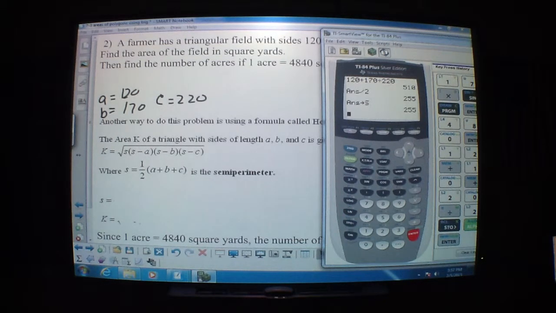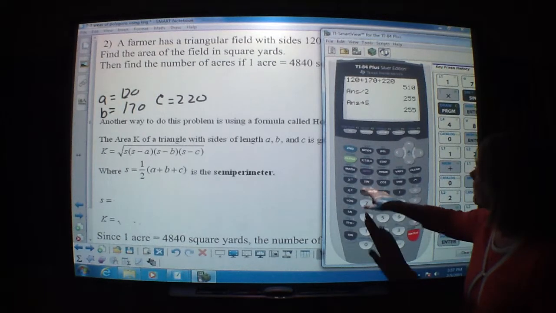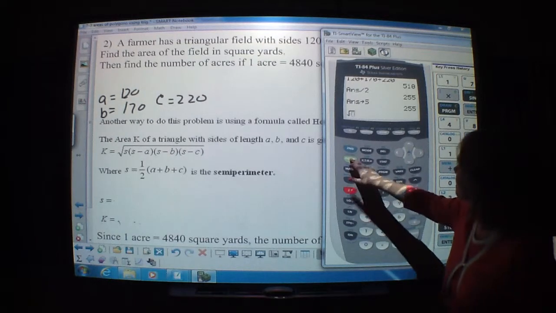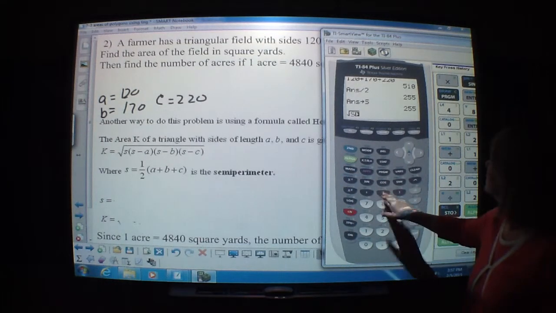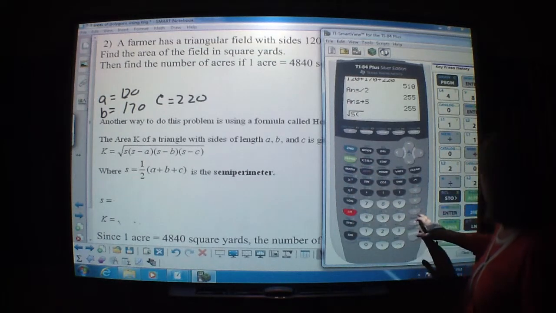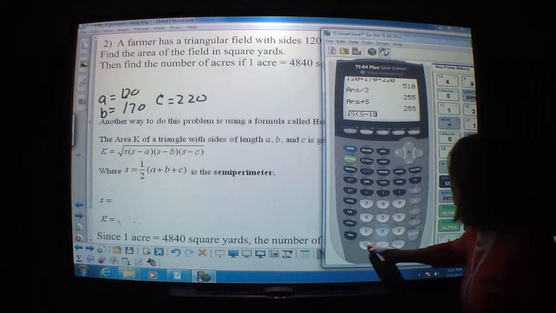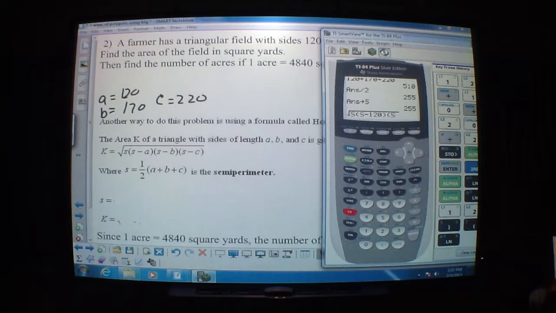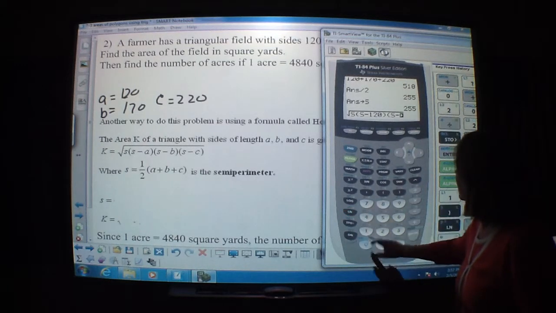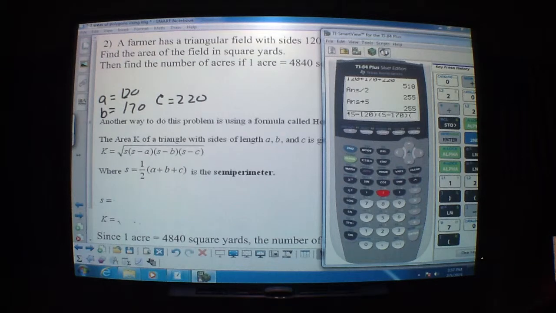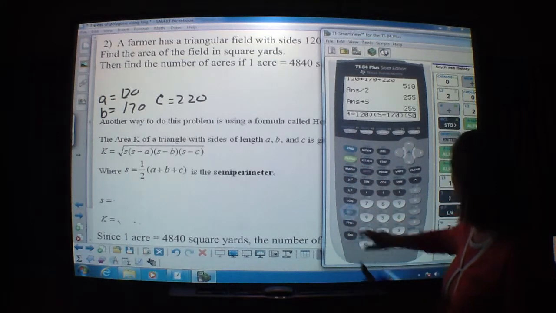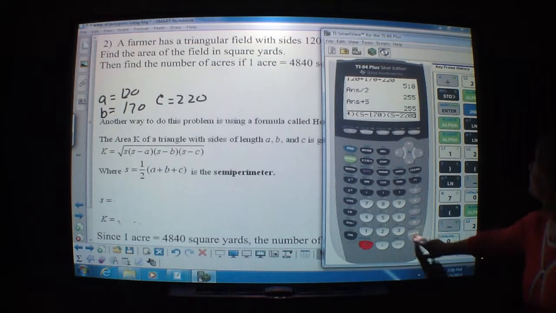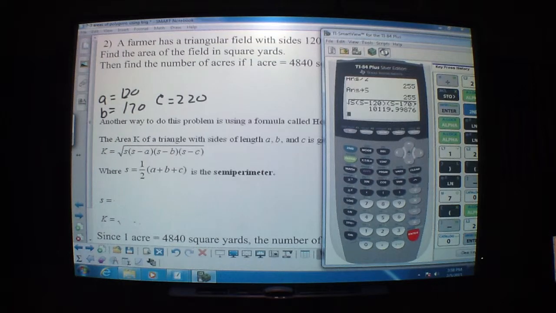So K is equal to square root of S times S minus A, S minus B, S minus C. Got the same exact area.